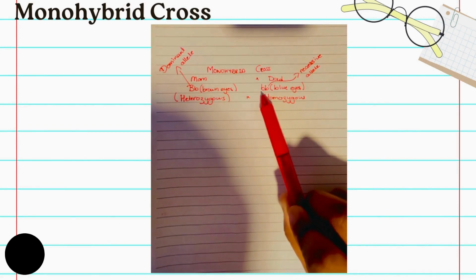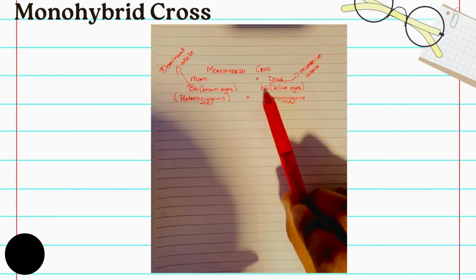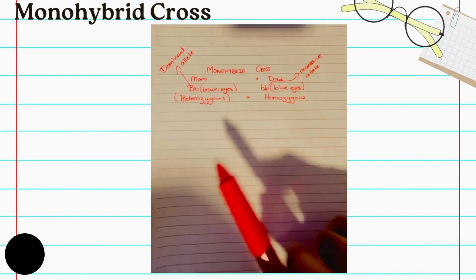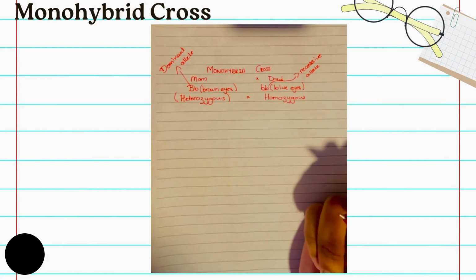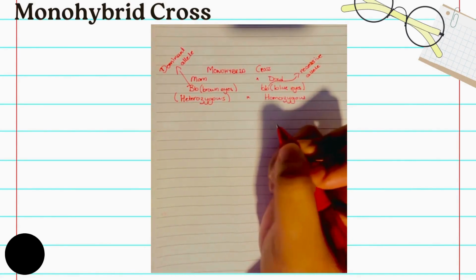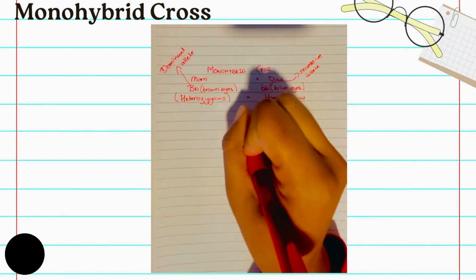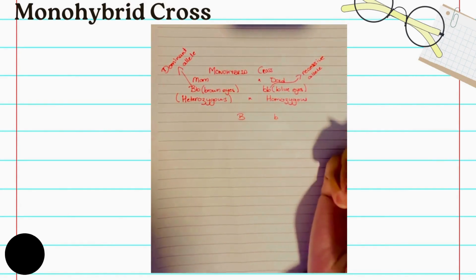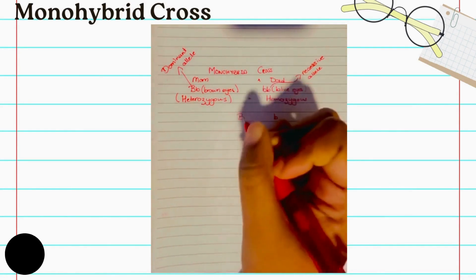So we have explained that. Now we are going to do the cross. When mom and dad have a child, 50% of mom's genetics are going to be involved and 50% of dad's genetics are going to be involved.